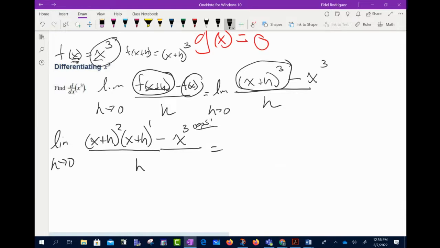The reason I'm breaking it up like this is because in algebra, we often figure out how to square a binomial. It's something we do on the regular.